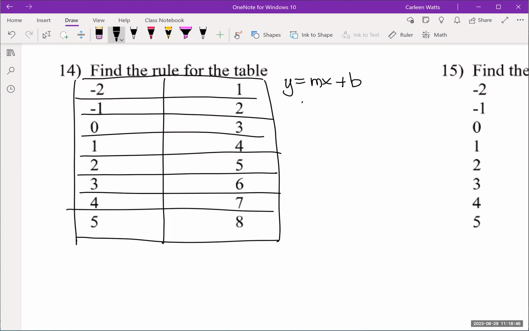Okay, don't say yet. Think. Everyone think. What is M and what is B? Can I find M by doing this? Yeah. And it's the same, right? 1, 2, 3, 4, 5, 6, 7, 8.